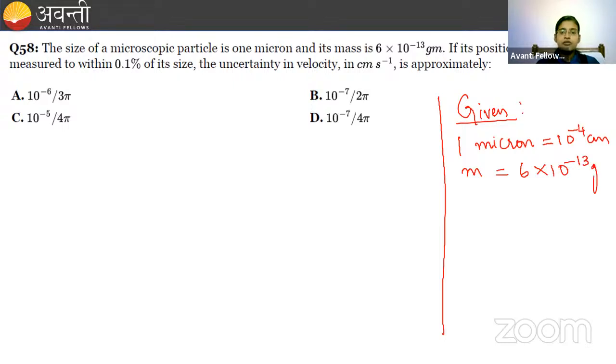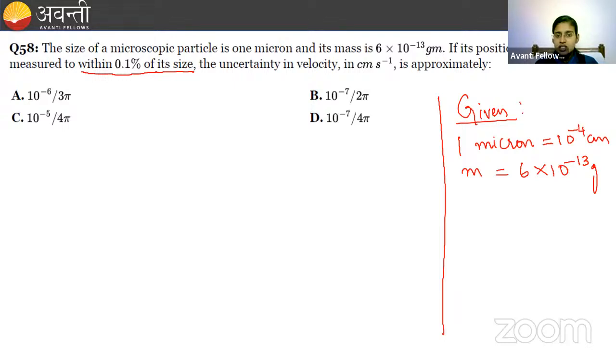If its position may be measured to within 0.1% of its size, the uncertainty in velocity in centimeter per second is approximately?